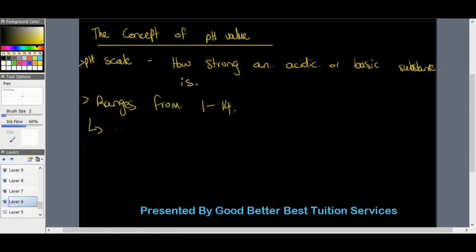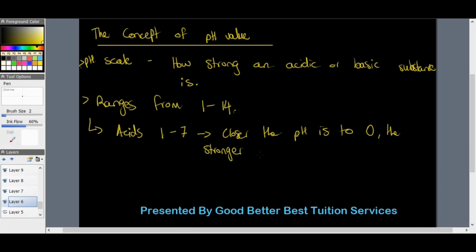Now to break that up in more detail. We know that acids range from 1 to 7. With acids, the closer the pH value is to 0, the stronger the acid will be.